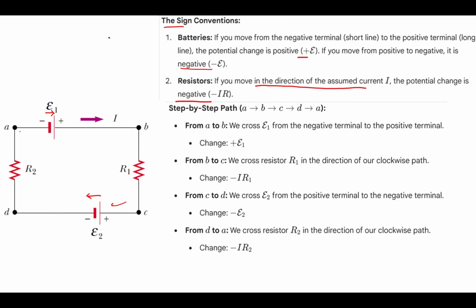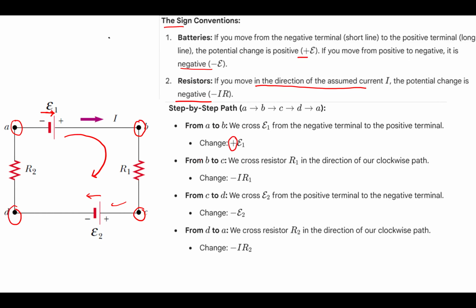Let's start from A to B, C and D, then back to A. From A to B, we cross epsilon1, EMF1, from the negative terminal to the positive terminal, so it is plus.